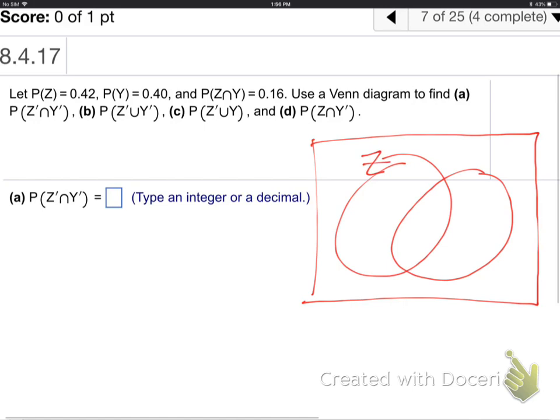This will be Z and this will be Y. Give it a try. Remember, there are 4 sections in a 2-circle Venn diagram. See if you can find the numbers in all 4 sections.